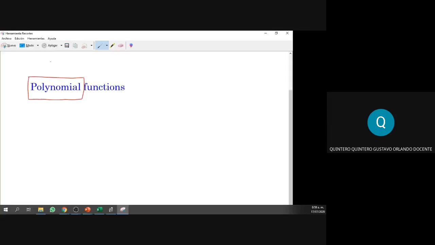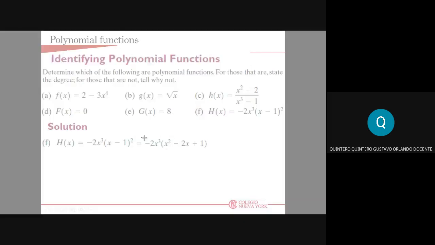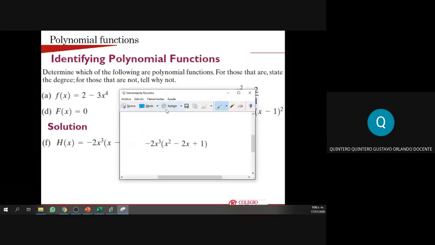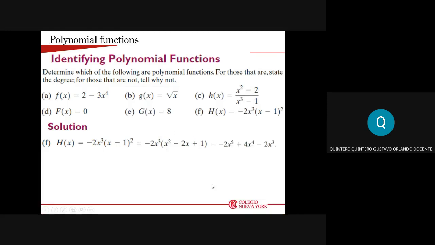And now, let me just cut this part. Now, if we do the distributive property, this times this and this times that, this is the result. And look at that. Now, every single monomial is separated by additions or subtractions.